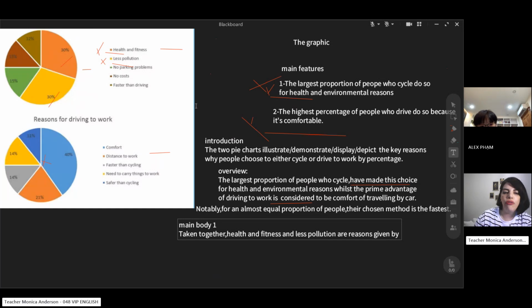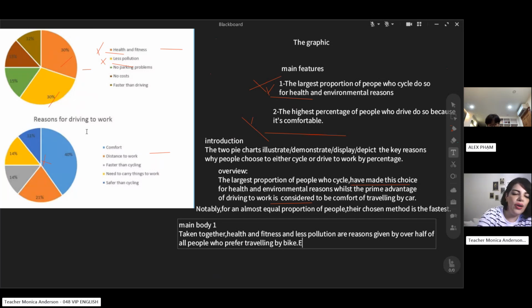Over half, about 60%. So: by over half of all people who prefer traveling by bike.